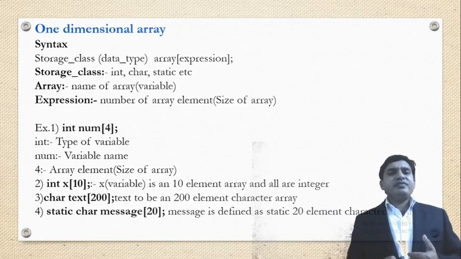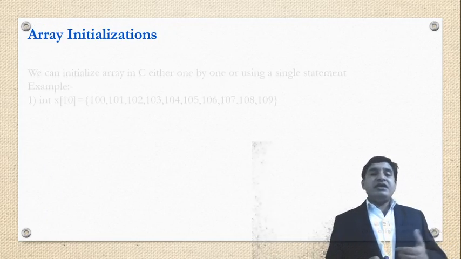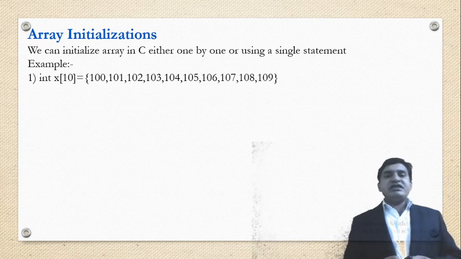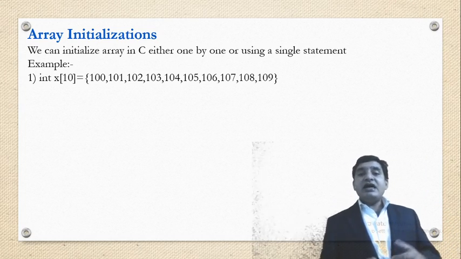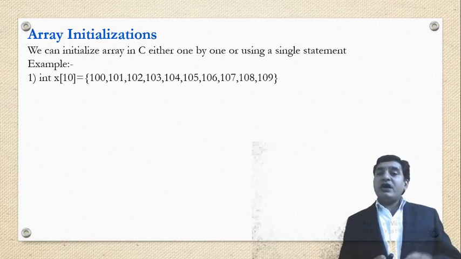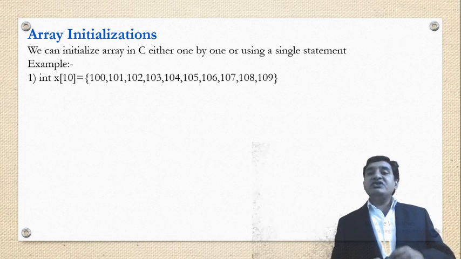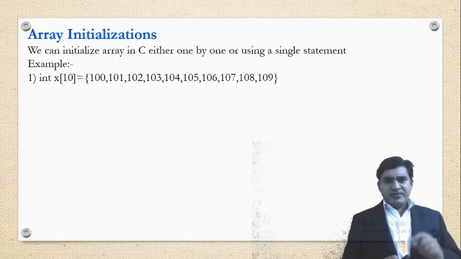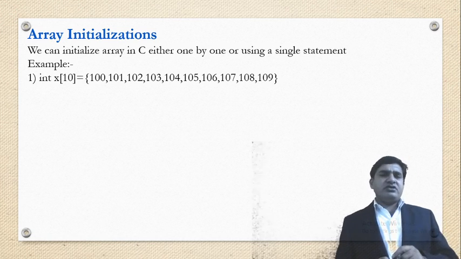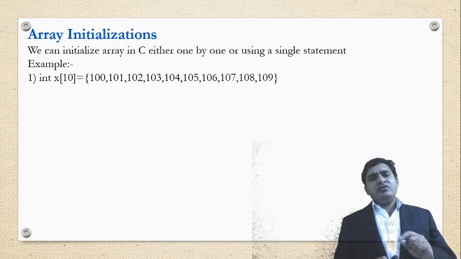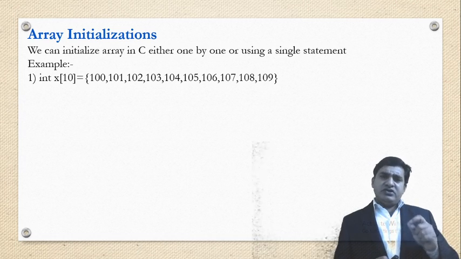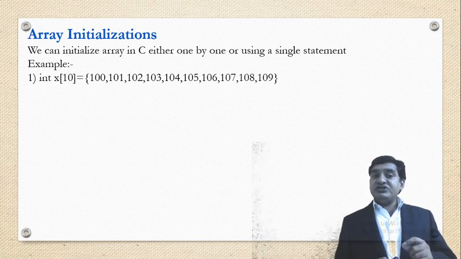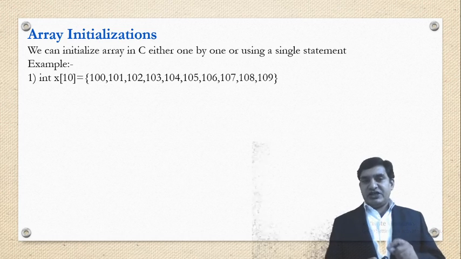Now, array initialization. We can initialize an array in C either one by one or using a single statement. Example, first: int x[10]. The data type is integer, and the variable is x.